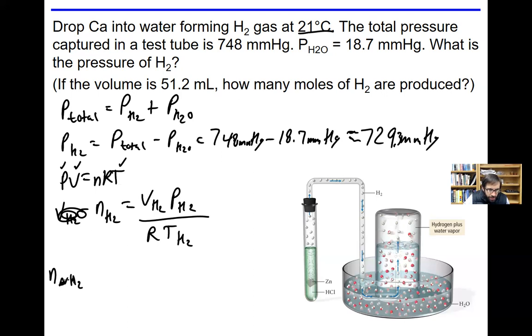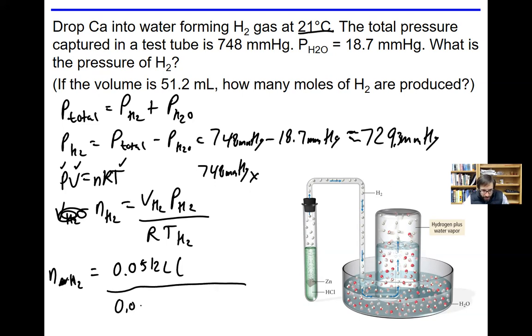Okay, and so now we can solve this out. Our volume of hydrogen, I'm going to convert that quickly into liters. So I just divide by 1,000, 0.0512 liters, times the pressure of hydrogen. We're in millimeters of mercury, which is equal to torr. So very quickly, I have to convert that to atmospheres, because I know my ideal gas constant down here that I'm about to use has the units of atmospheres, and it's 0.08206 liters atmospheres per mole Kelvin, right?